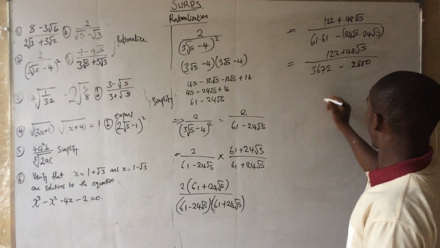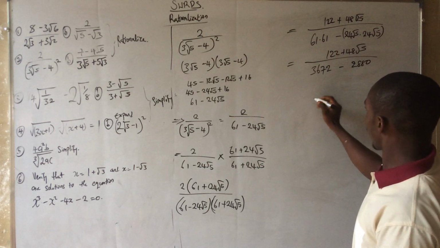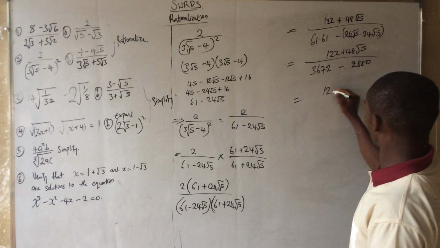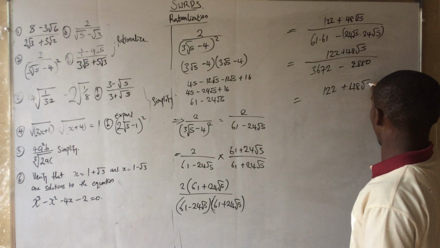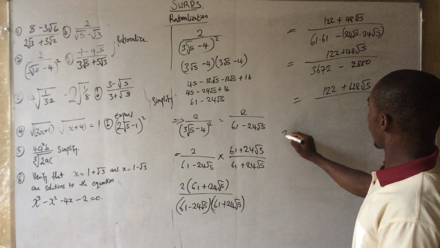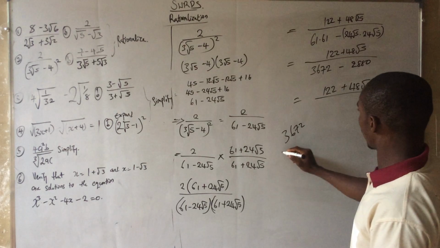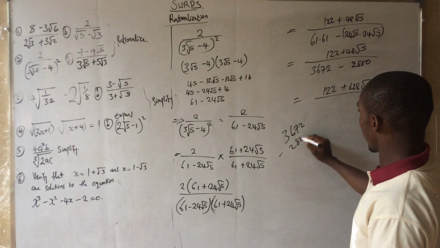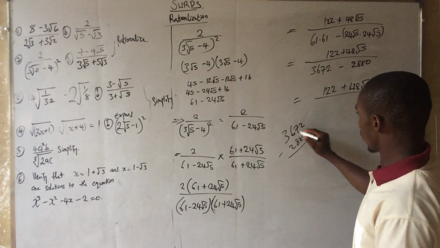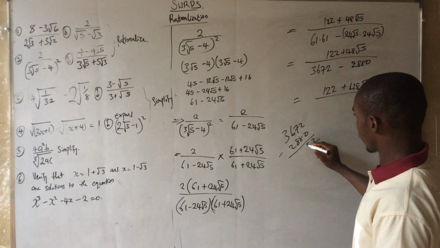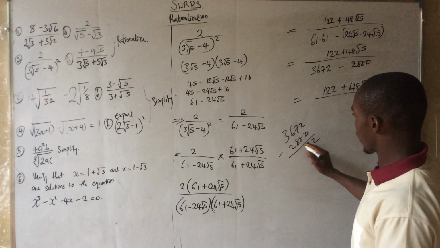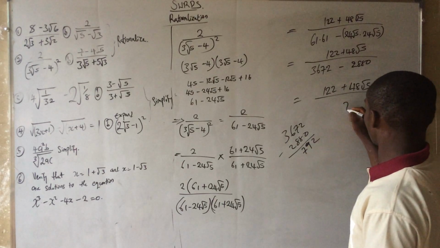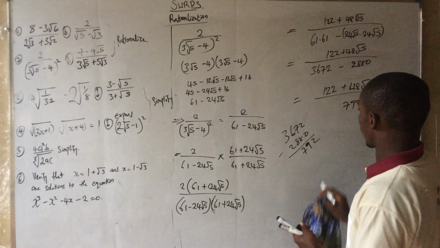So now furthermore, you can say 122 plus 48 root 5 over 3721 minus 2880, which is 841.